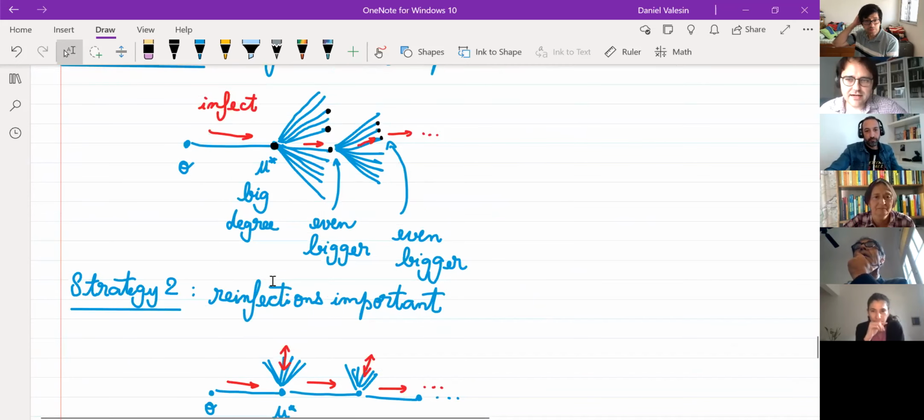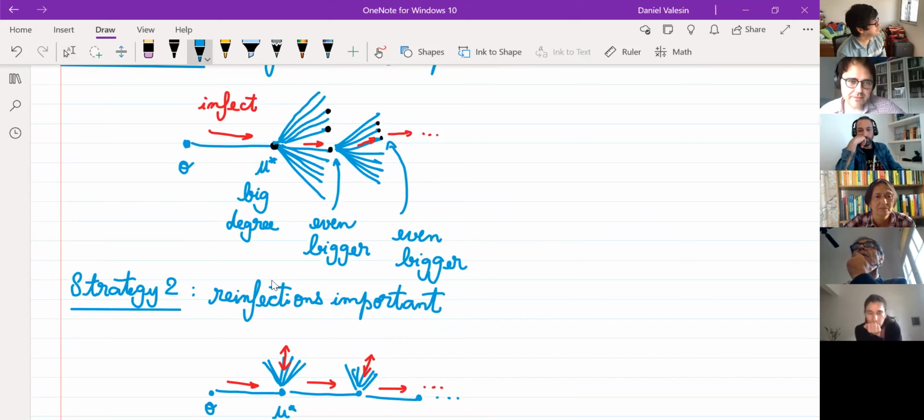The infections are all of the kind: here's the root, the root has a big neighbor, and this big neighbor does something. What this big neighbor does is one thing in one of the strategies, and something else in the other strategy. These two strategies are valid regardless of alpha, but for some values of alpha, strategy 1 is better, and for other values of alpha, strategy 2 is better.